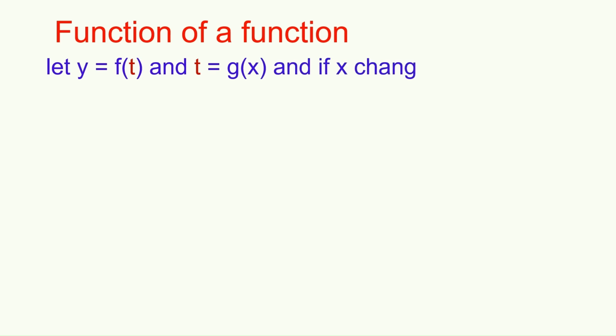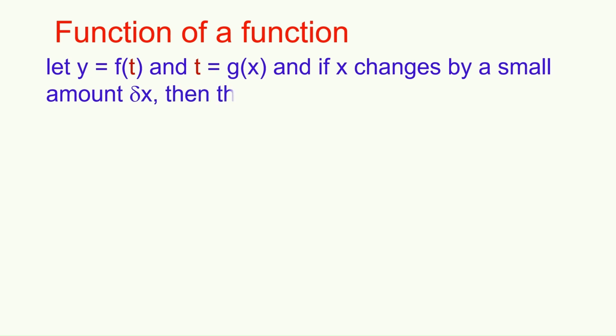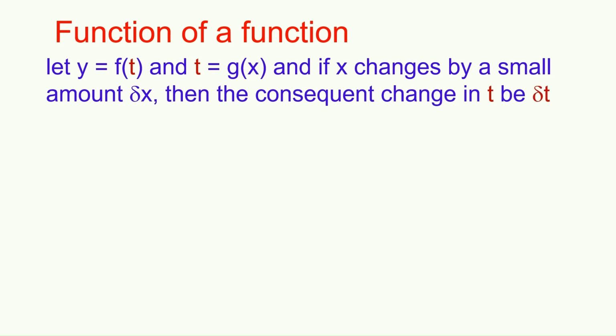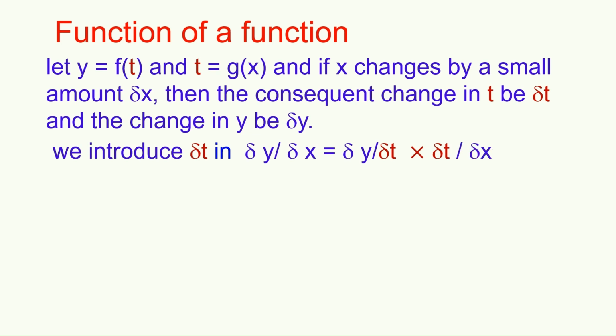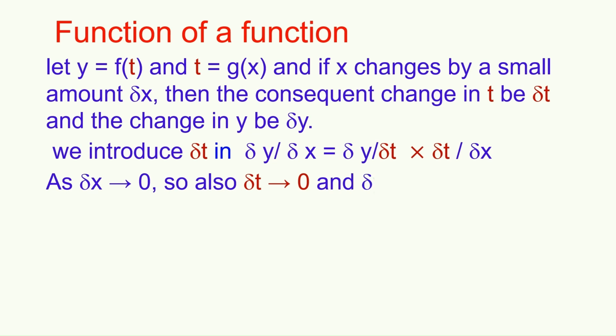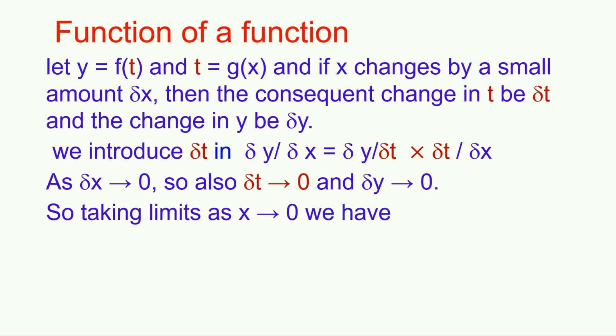Function of a function. Let y equals f(t), and t equals g(x), and if x changes by a small amount delta x, then the consequent change in t be delta t and the change in y be delta y. We introduce delta t: delta y divided by delta x equals delta y over delta t times delta t divided by delta x. As delta x tends to 0, so also delta t tends to 0 and delta y tends to 0.